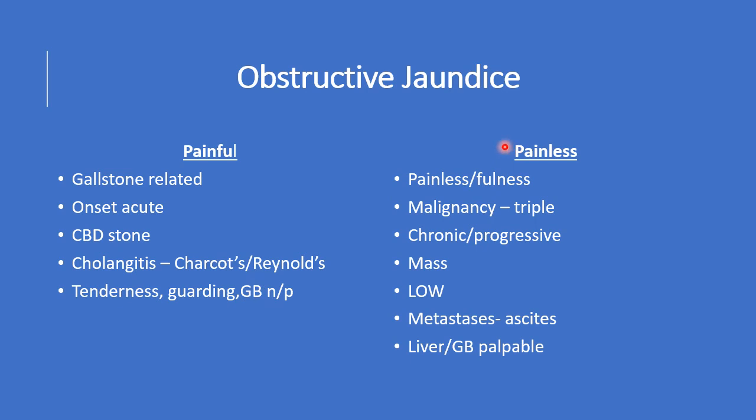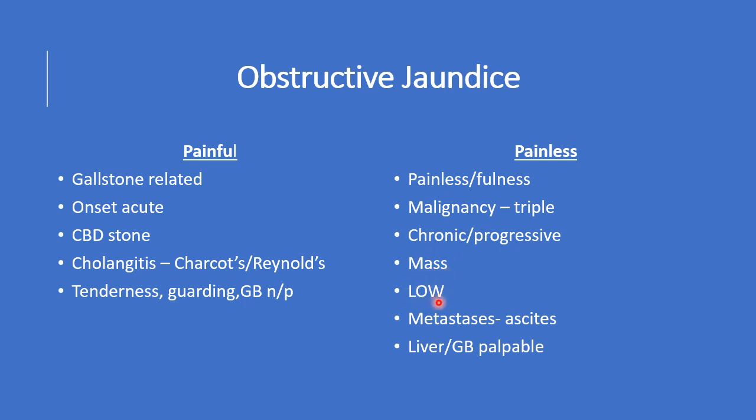On the other hand, in painless jaundice, pain is usually not the main symptom, although due to congestion of the liver they may complain of some dull, aching discomfort. Malignancy is the most common and important cause, the triple malignancy I mentioned. These tend to be chronic and progressive, and there may be a palpable mass in the epigastric region.